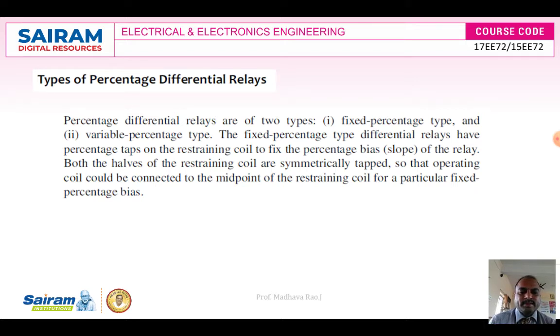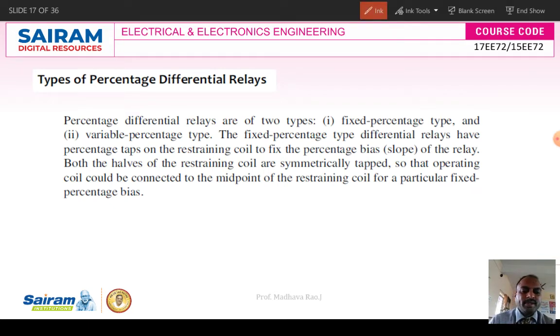In fixed percentage type, the differential relays have percentage taps on restraining coil to fix the percentage bias of the relay. Each differential relay will have two coils. We have already seen this in previous topics. Each differential relay will have an operating coil and a restraining coil.